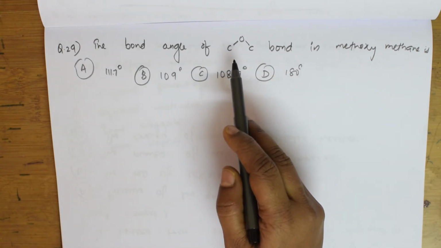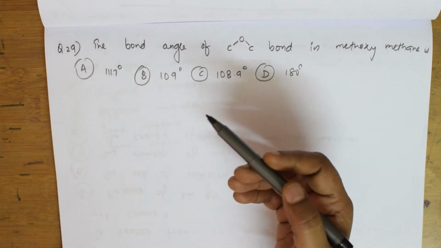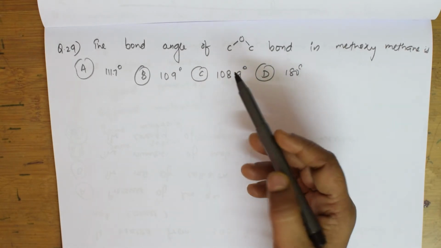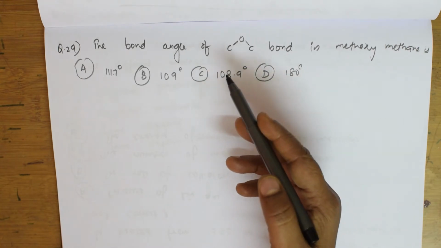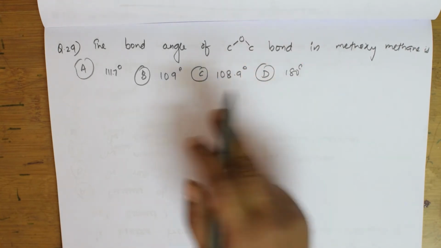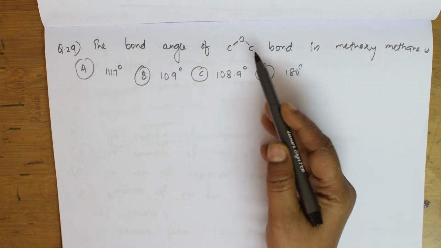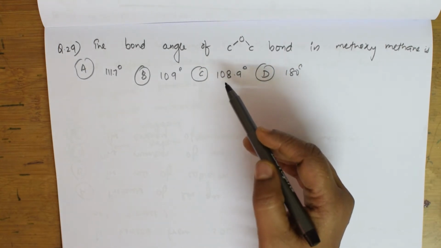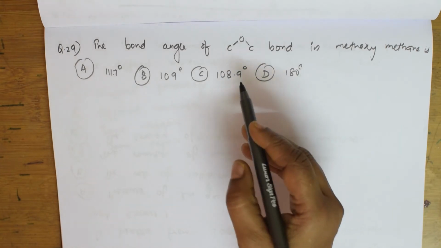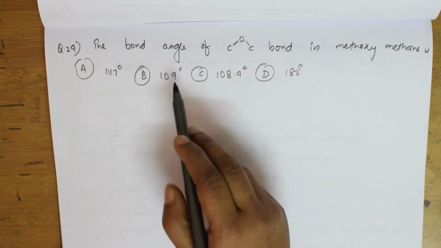To minimize the electron pair repulsion, they align themselves giving a tetrahedral structure of 109.5. But according to VSEPR, it is 109.